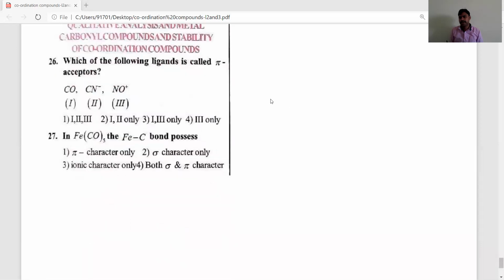Let's see the 26th question, dear students. Which of the following ligands is called a pi acceptor ligand? Pi acceptor means, it's very clear, dear students, strong field ligands. Strong field ligands are sigma donors and pi acceptors.